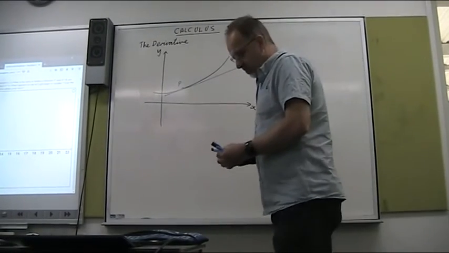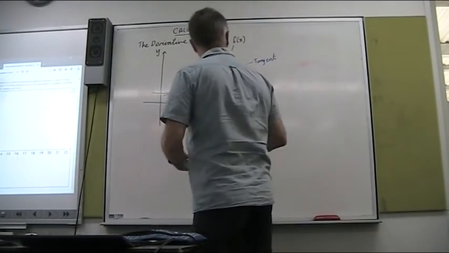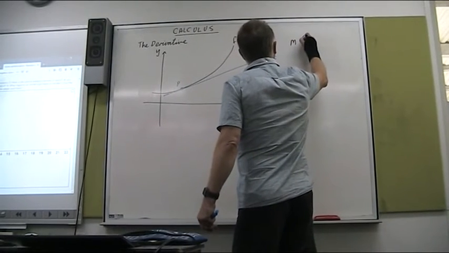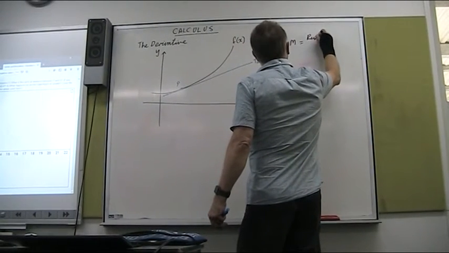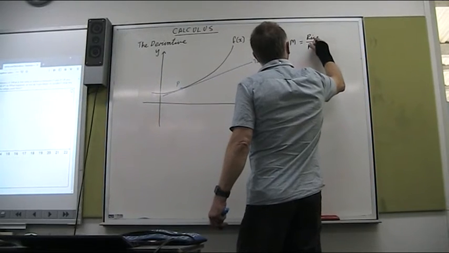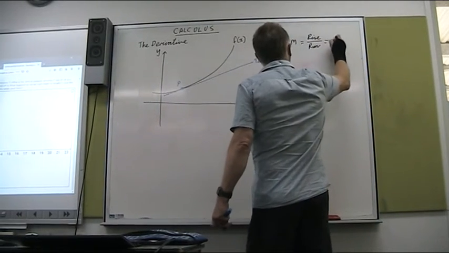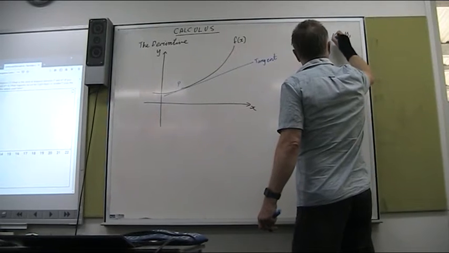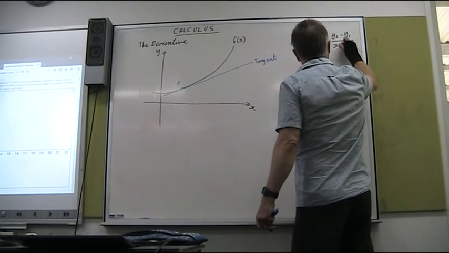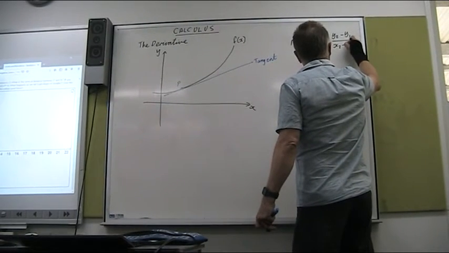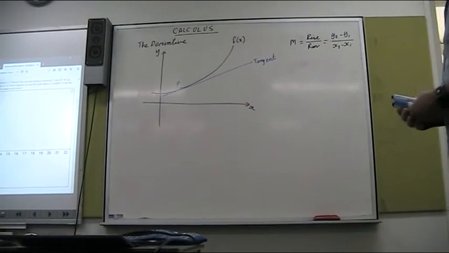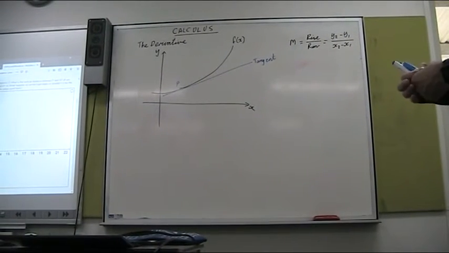Now, normally the gradient of anything is rise over run, or the rise is the difference in our y coordinates over the difference in our x coordinates. So that's how we would work out the gradient.